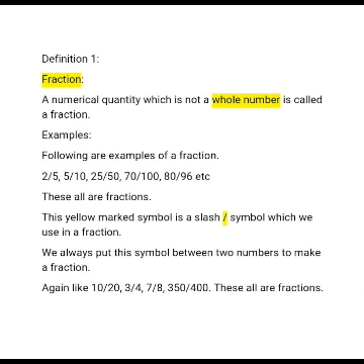So again, like 10 by 20, 3 by 4, 7 by 8, 350 by 400, these all are fractions. If we see numbers written like these, we will say that these are fractions.